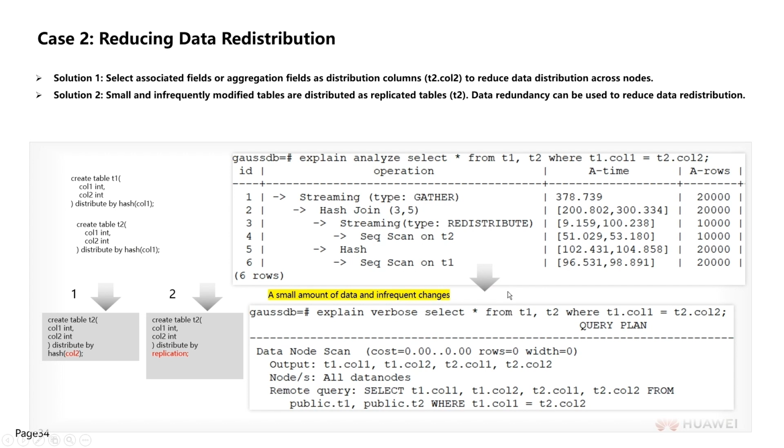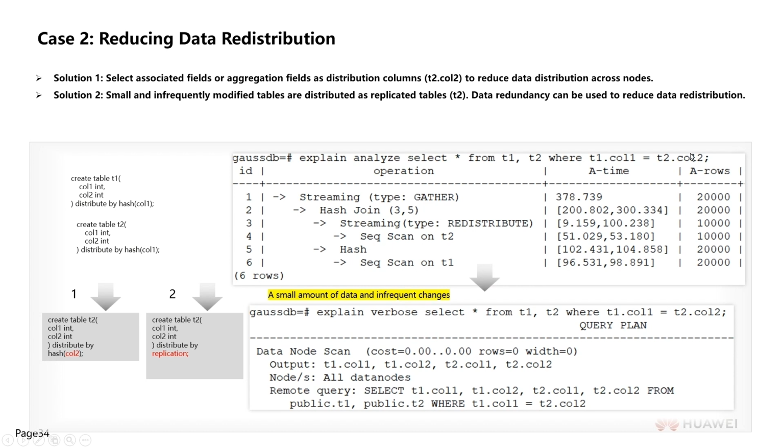The other example here is a case where we can boost the performance by reducing the data redistribution. Here we have two tables, both with distribution column 1, but the actual SQL has a join condition of column 1 equals column 2.